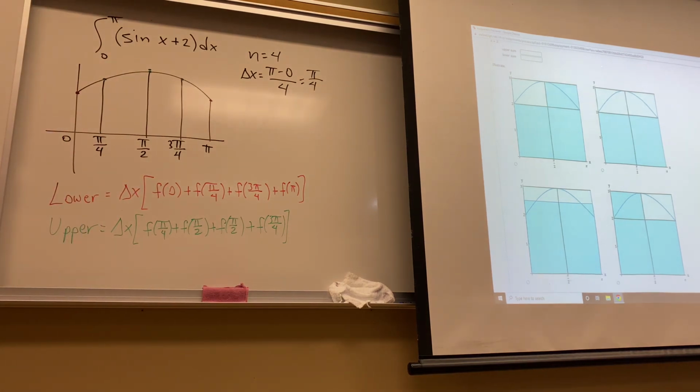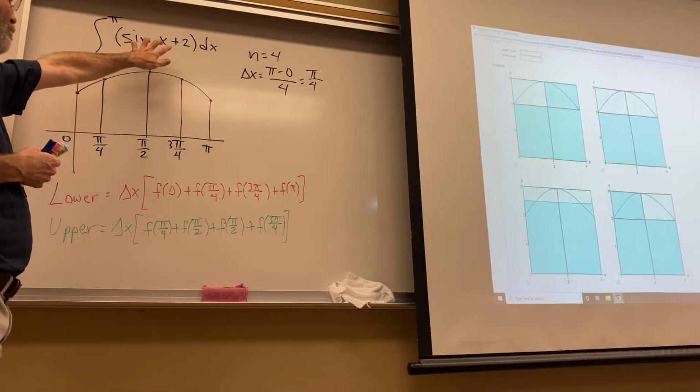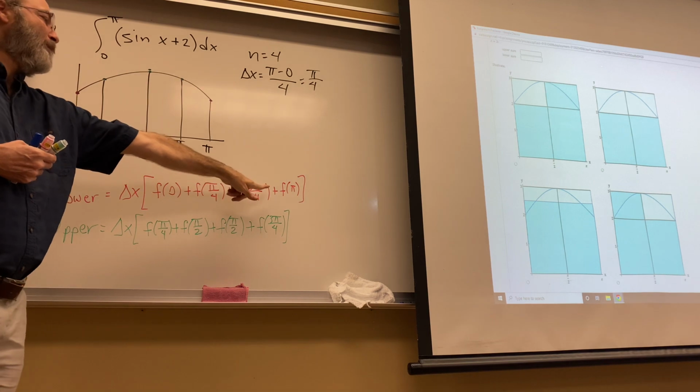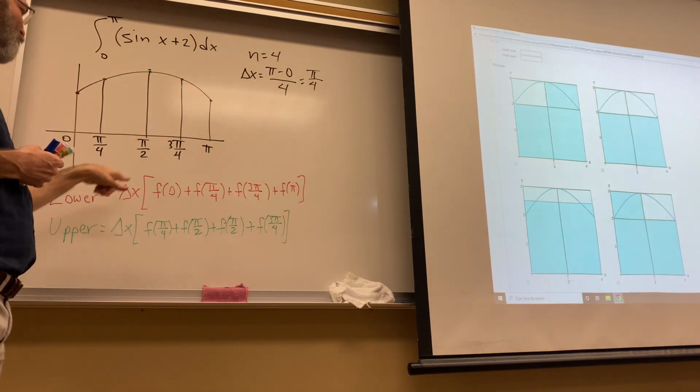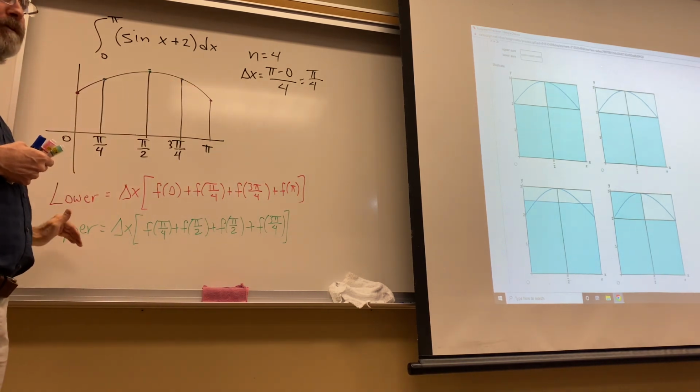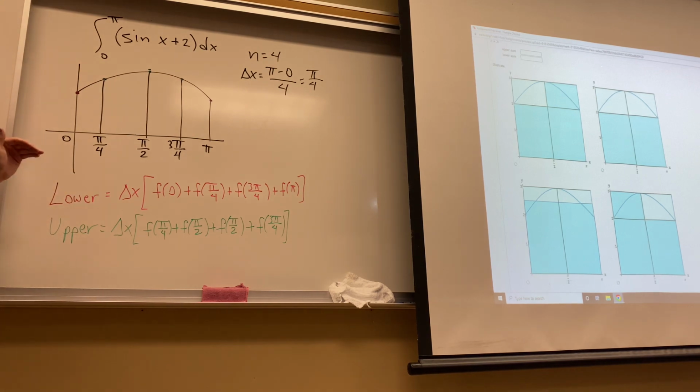Okay? And so all we need to do is evaluate this function at those points and then multiply by delta x, and that's going to give us the lower and the upper. Does that make sense, everybody?